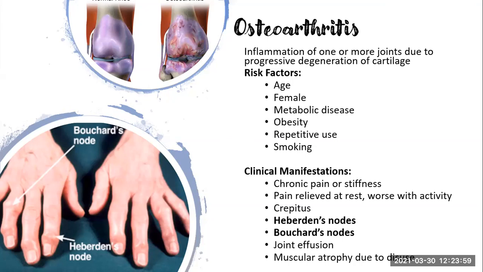Pain is usually aggravated with activity and relieved with rest, versus rheumatoid arthritis, where the stiffness lasts longer than an hour and tends to improve throughout the day with movement.